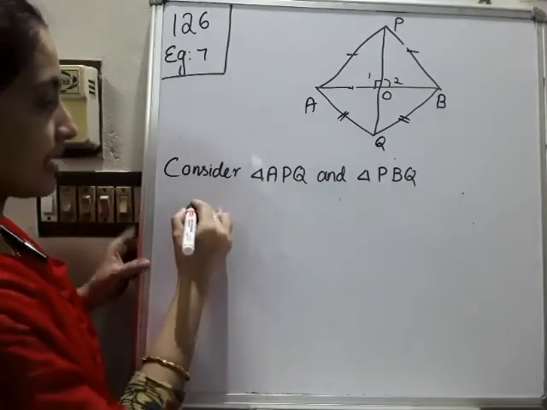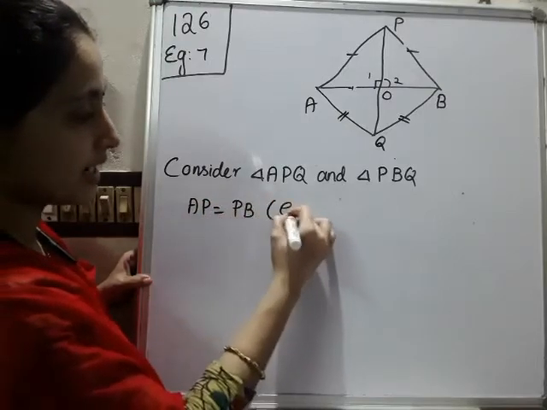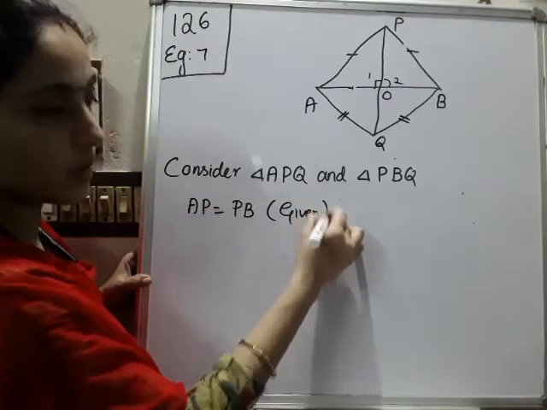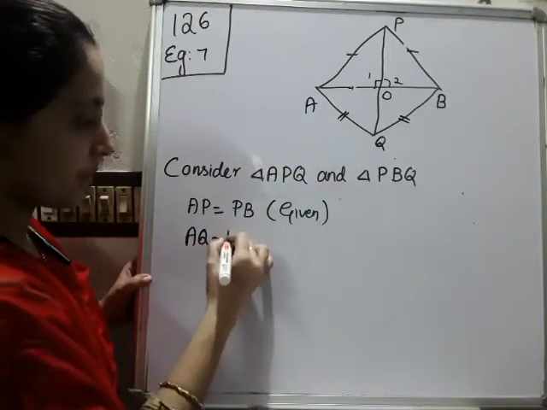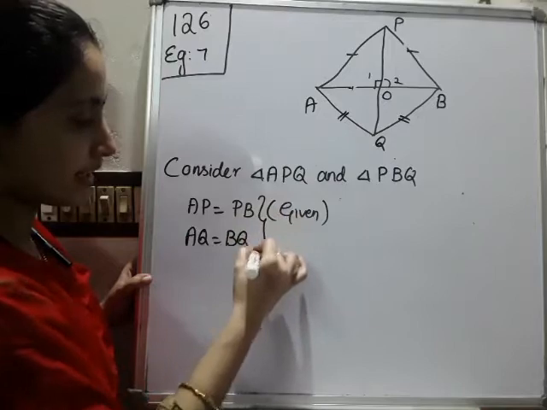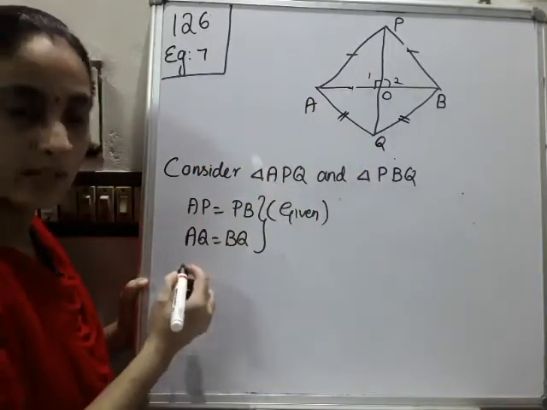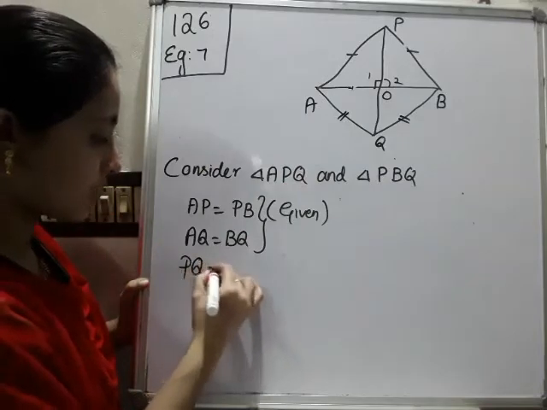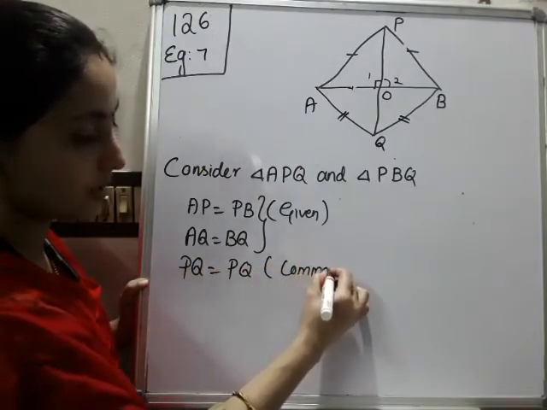Easy. So what are the equal sides? Yes, AP is equal to PB, already given in the question. One more thing given: yes, AQ is equal to BQ, that is also given in the question. Then what is another one? PQ is common to both, so you can write PQ is equal to PQ. So three sides are equal.